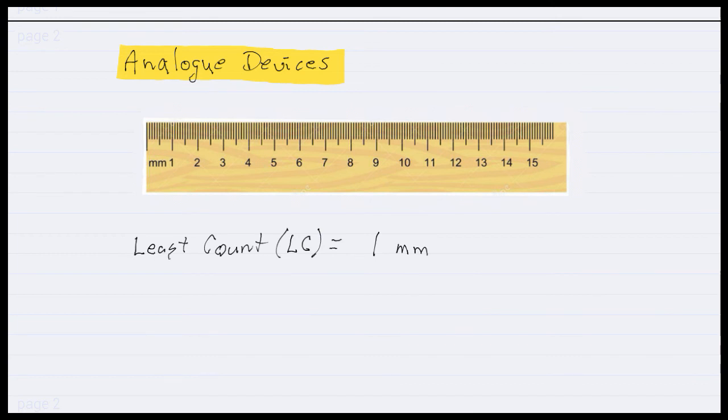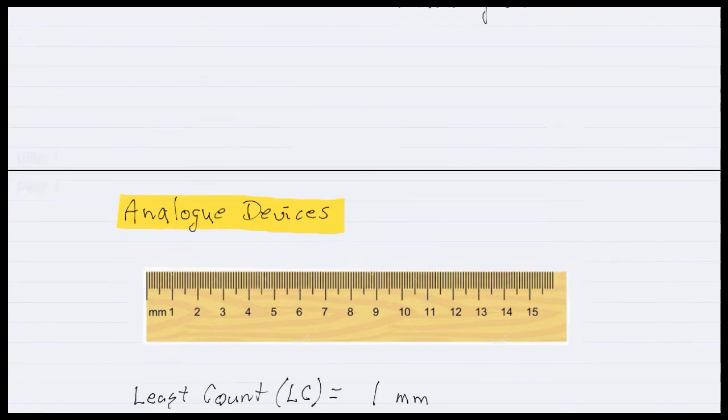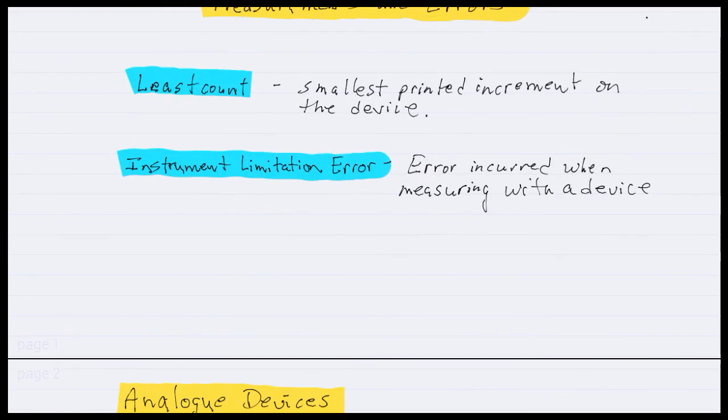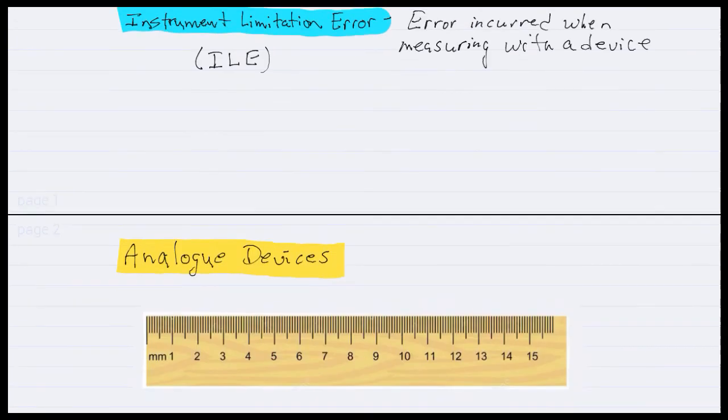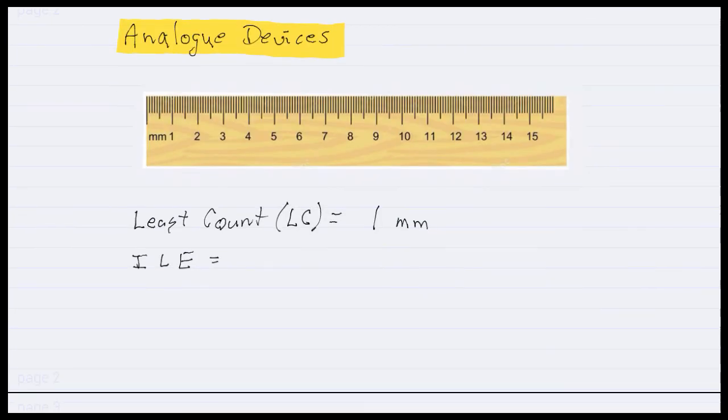And let's look at the instrument limitation error. Now I've just introduced a second acronym, but that is just this second definition we have here. So let me just write this in: the instrument limitation error and the least count. Okay, so remember, the instrument limitation error is the error incurred when you're taking a measurement. And for analog devices, we actually take this to be just half the least count.